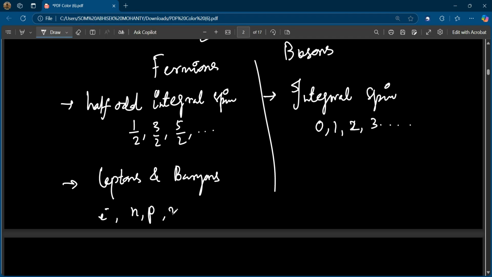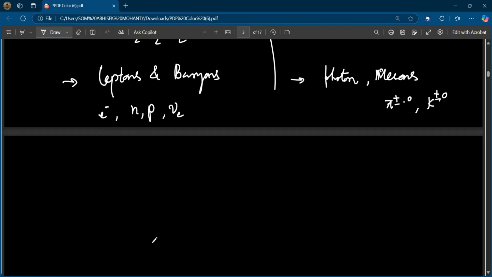Bosons are basically mesons, like photon, and all the mesons like pions and kaons. Fermions obey Fermi-Dirac statistics, and bosons obey Bose-Einstein statistics.